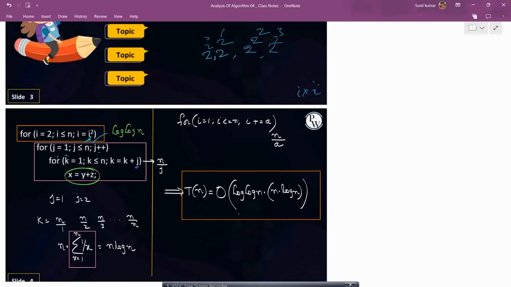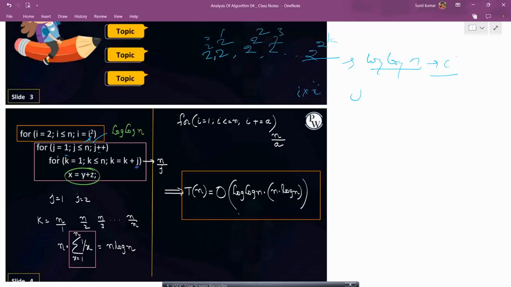This is how it goes, so 2 to the power 2 to the power k. So the number of times i will go is log of log n.